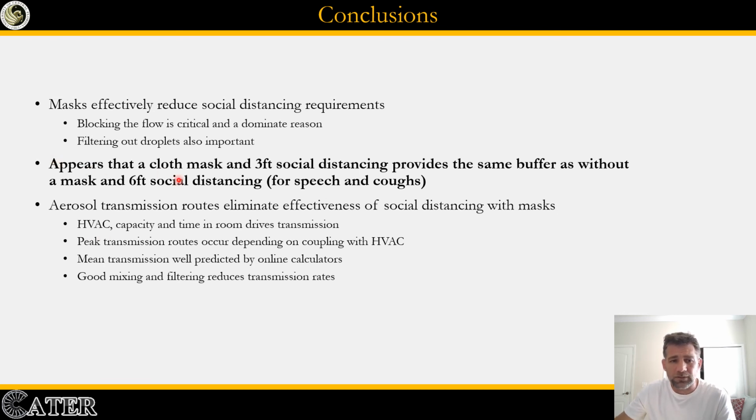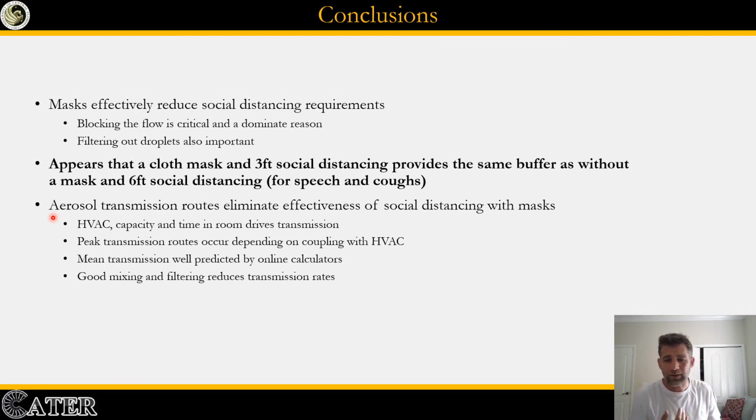Okay, next thing. When we looked at a cloth mask with our models, we found that it was actually safer with 3 feet of social distancing in a cloth mask as compared to no mask and 6 feet of social distancing. And we tried to close this gap by evaluating aerosol transmission routes.